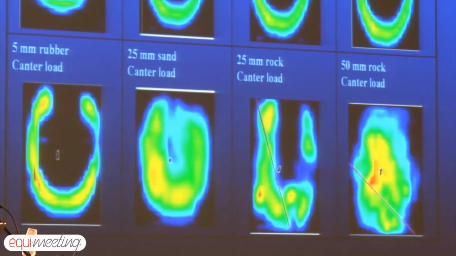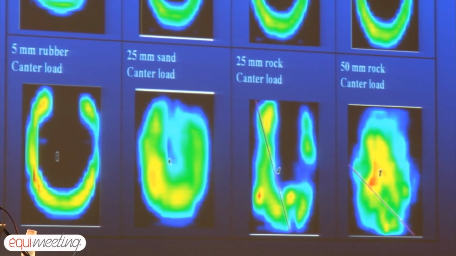cette plaque de caoutchouc. And of course, as you would expect, if there is substrate under the hoof, the patterns will become more generous, more evenly distributed over the foot surface.